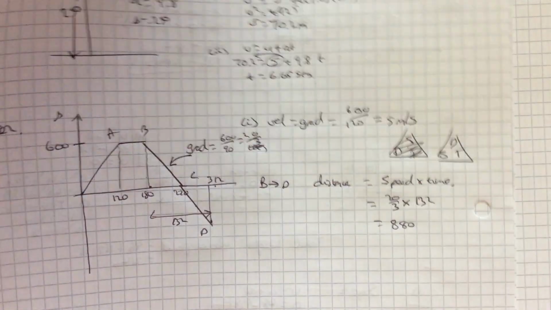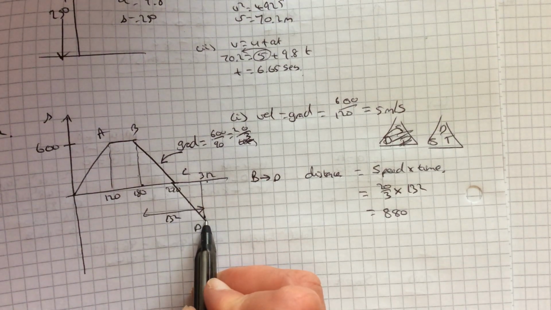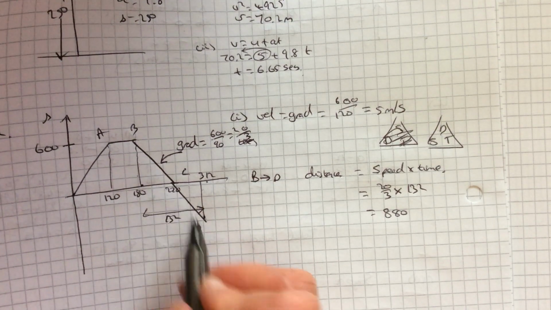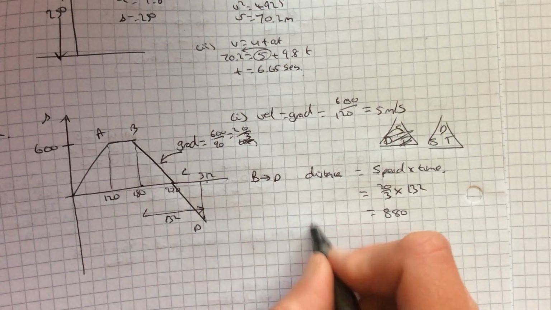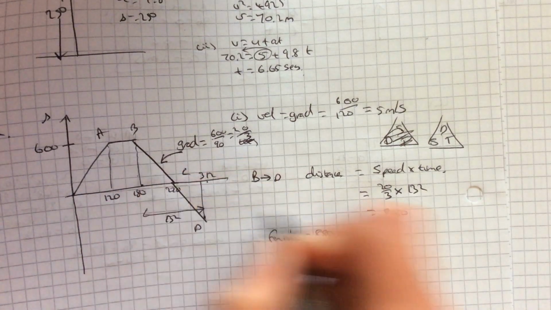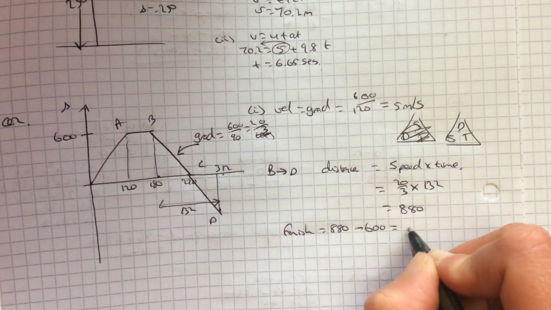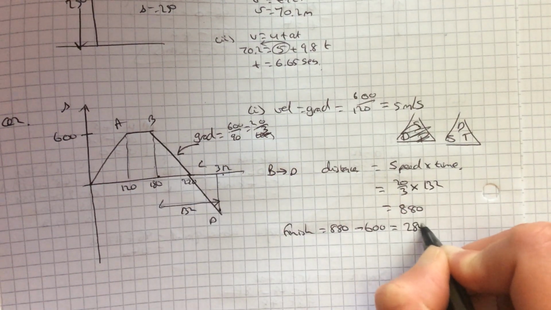I start at 600 away. This total distance is 880, so I must finish. So the finish is my 880 that I've gone, take away the 600 metres I have to go to get home. So my displacement is going to be 280 metres.